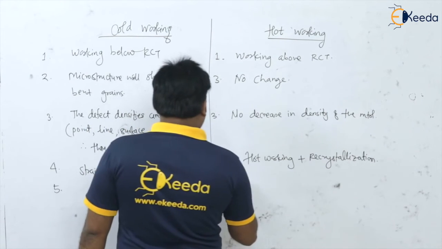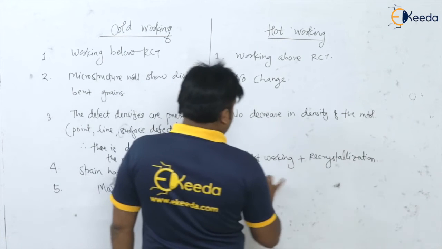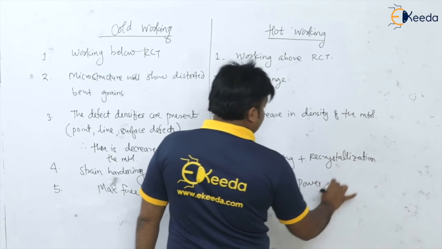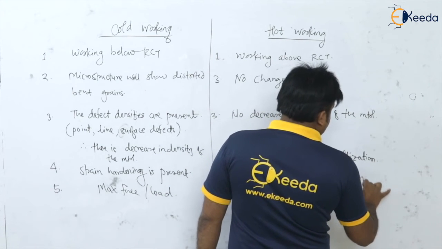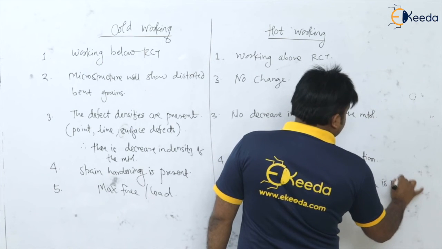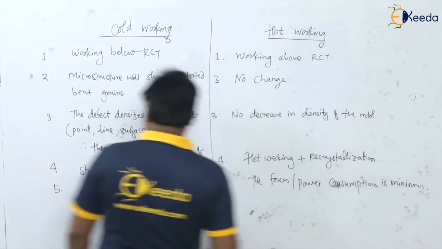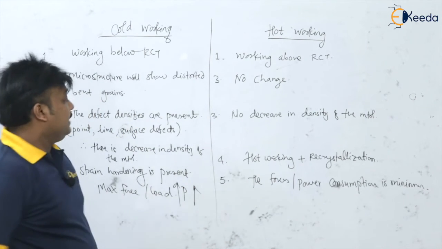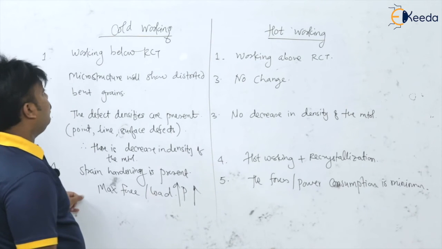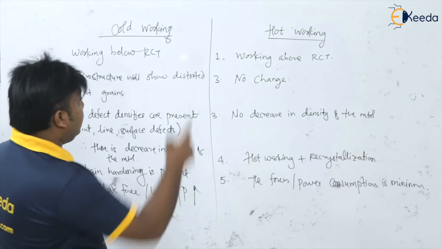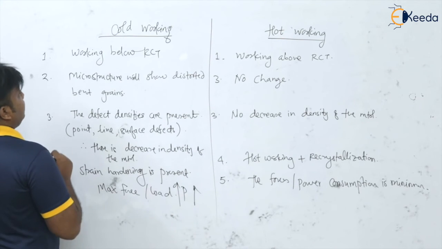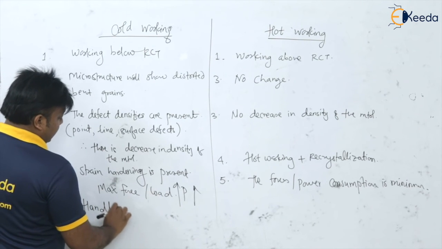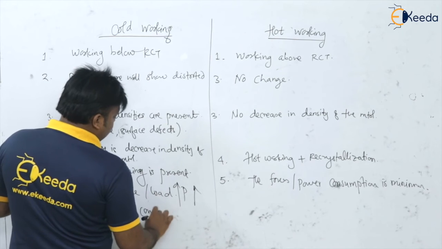Okay, so here the forces or power consumption is minimum. So as forces and loads are higher, power consumption is also higher in case of this cold working process than the hot working.